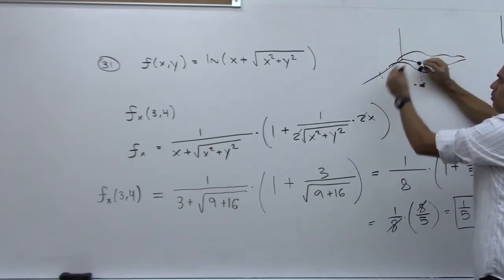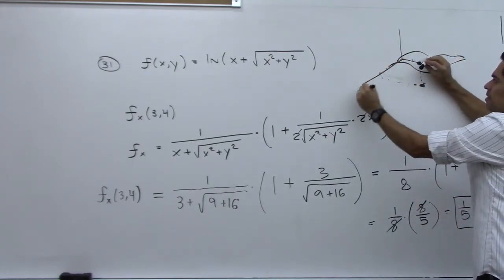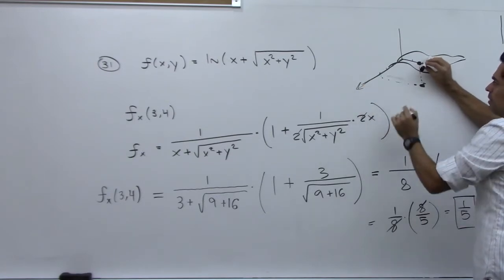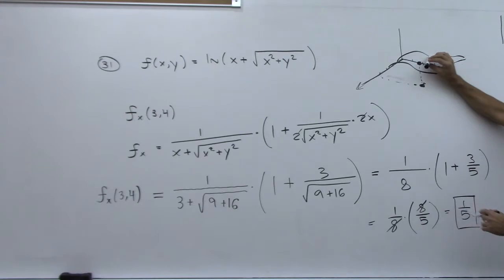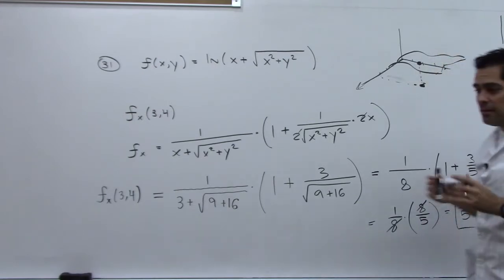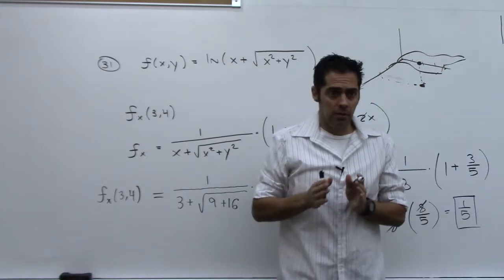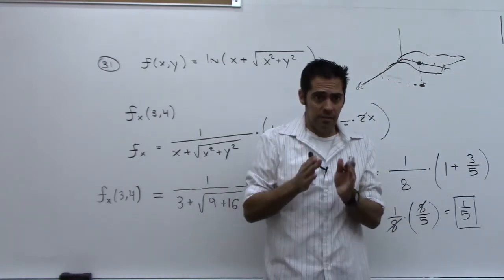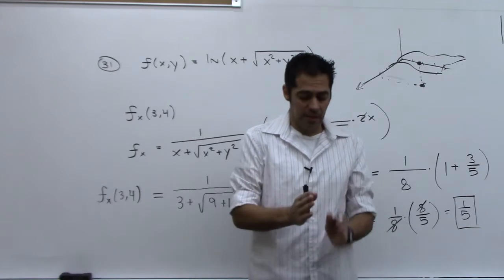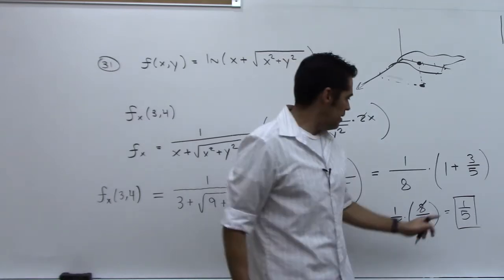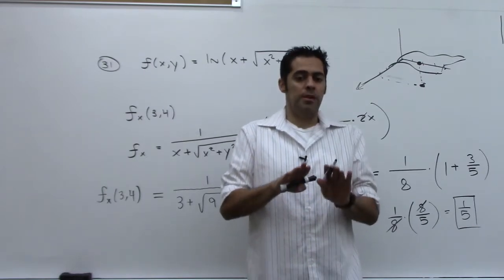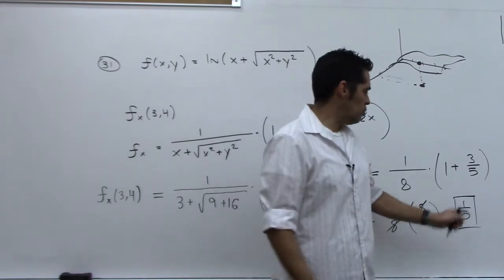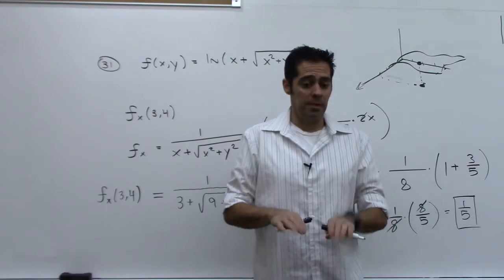If we're standing on it, we're looking out in the same direction that is parallel to the x-axis. What we're discovering is that at that point the slope is 1/5, so it's pitched up a little bit. If I were standing on that point, looking out parallel to the x-axis, and took a step forward, it's a positive number, so I should be going up. The function in front of me should be sloping up. Not much, 1/5 isn't very steep, but it is up, it's not down.